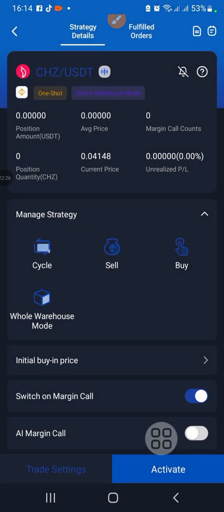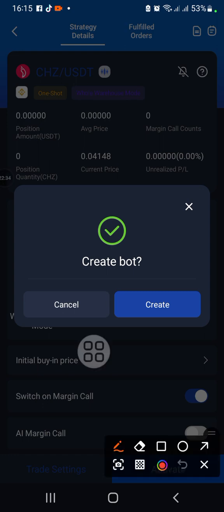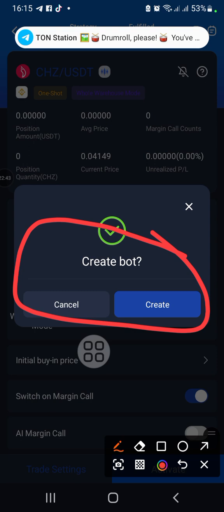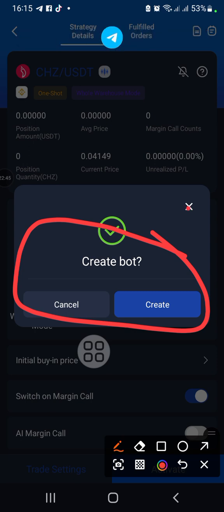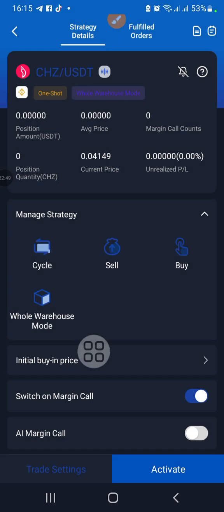So after confirming, you're going to tap on activate. Okay, so when you tap on activate, you're going to tap on create. I'm not going to tap on create because I don't want to trade this coin, since it was just for tutorial. So from there, when you have tapped on create, the coin is done, and the robot buys it as it enters the market.